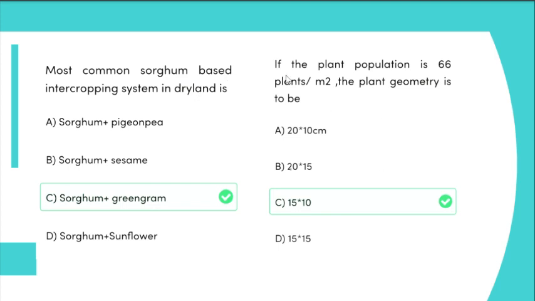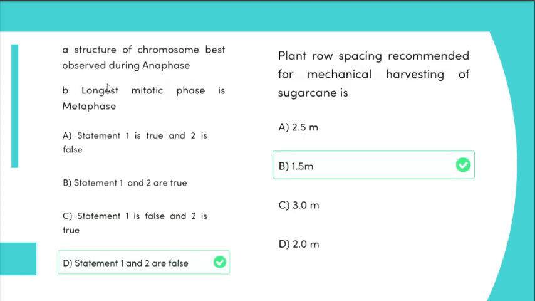Next question, if the plant population is 66 plants per meter square, the plant geometry is to be, so here option number C is correct, that is plants should be planted at 15 into 10 centimeter spacing. Next question, this is a statement type question. The first statement is structure of chromosome is best observed during anaphase.